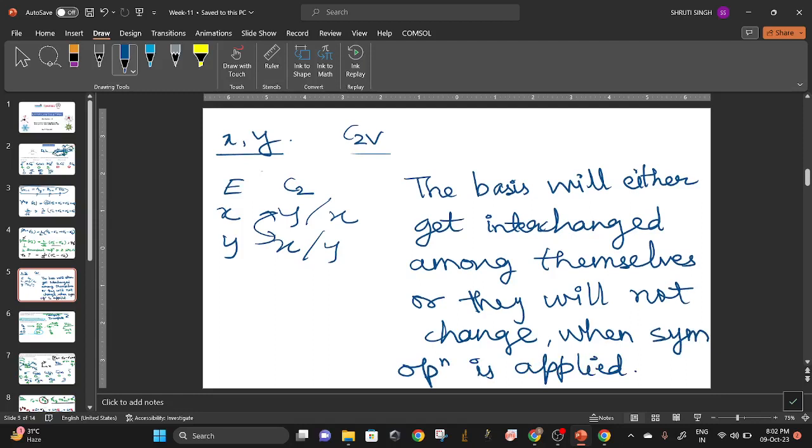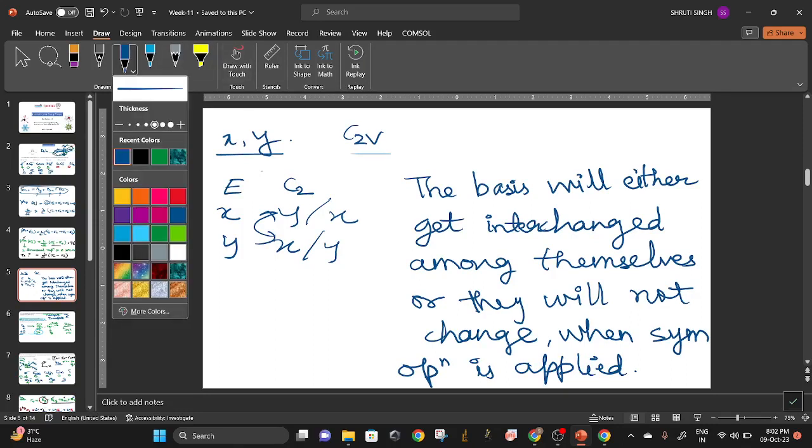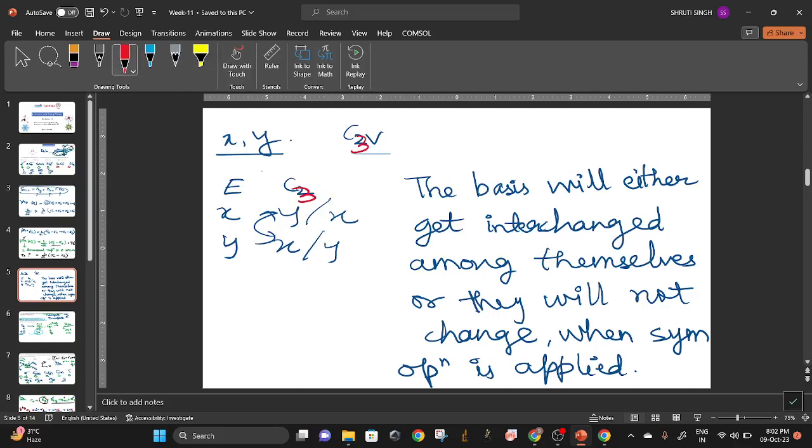So when something forms a two-dimensional representation and you apply a symmetry operation on it, either x will remain x only, or it will change to y only. These two possibilities are there.